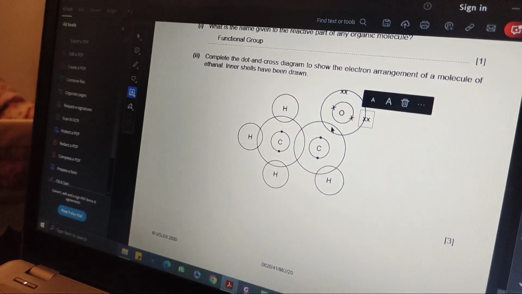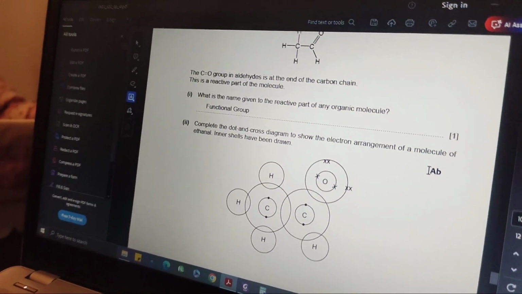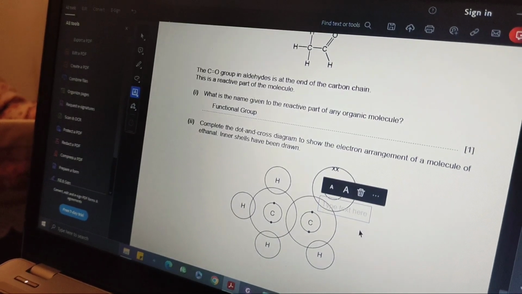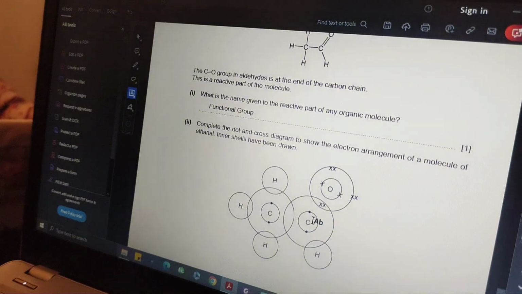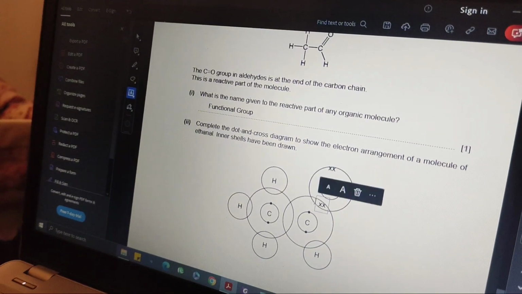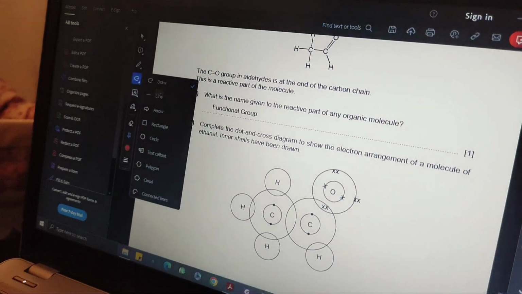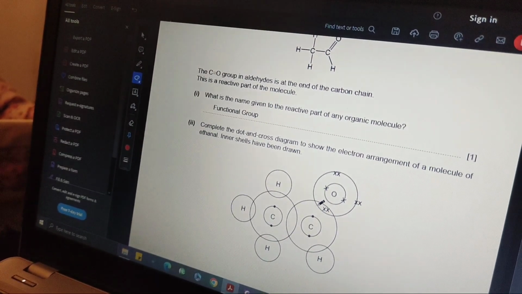If we look at the structure, it is C double bond O. So the two crosses will be here, where oxygen and carbon are shown with the dots. So we'll be providing two dots for carbon.